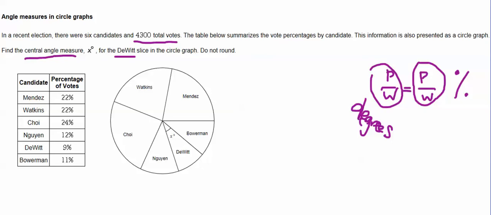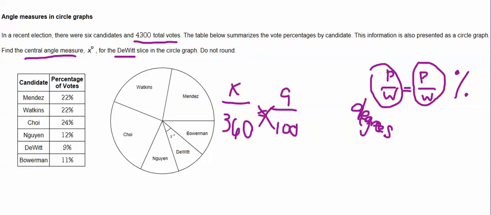All right, from here, setting up our proportion, the degrees for DeWitt, our part is the unknown, and our whole is 360 degrees in the circle. So x over 360 is equal to, now percent is on the other side, and the percent DeWitt represents is 9%. 9% as a fraction is 9 over 100. 9 part to every 100 whole.